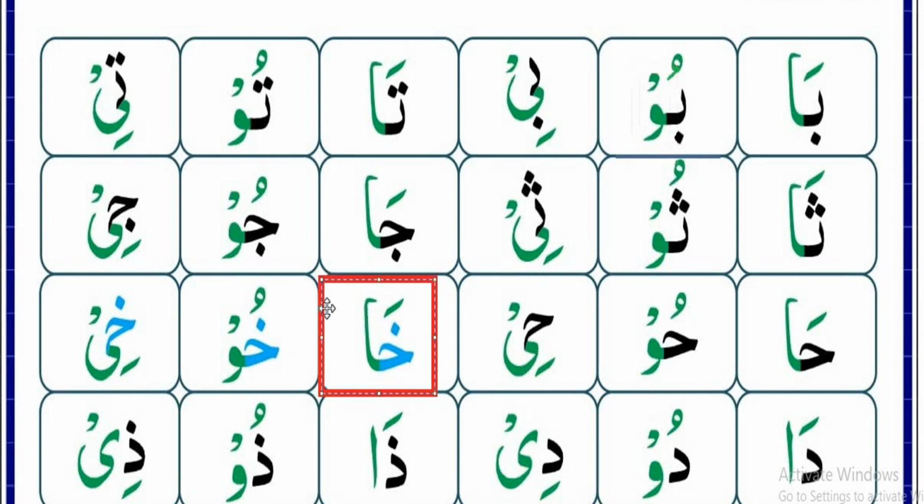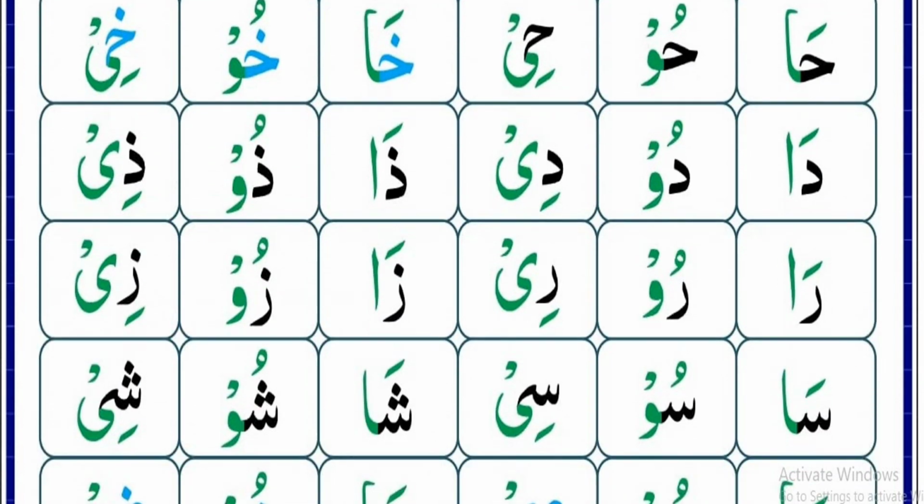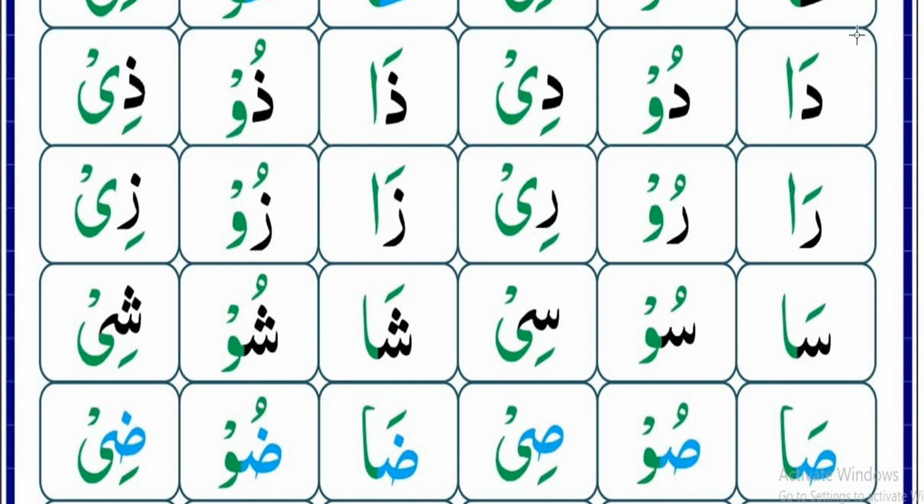Kha alif fatha kha, kha waw dhamma khu, kha ya kasra khi, kha khu khi. Dal alif fatha da, dal waw dhamma du, dal ya kasra di, da du di. Zal alif fatha dha, zal waw dhamma dhu, zal ya kasra dhi, dha dhu dhi.